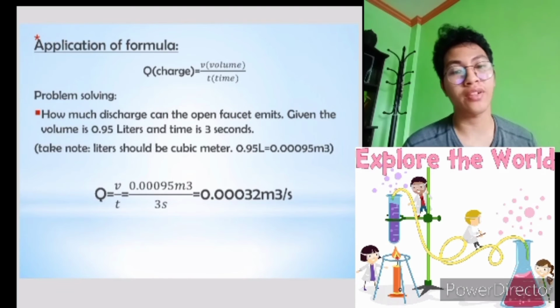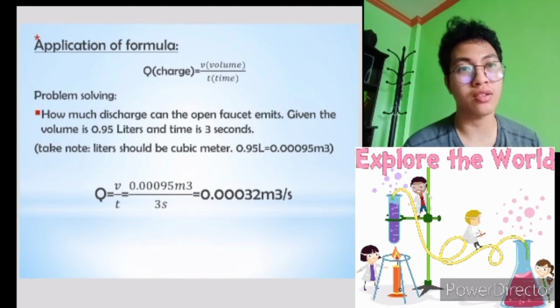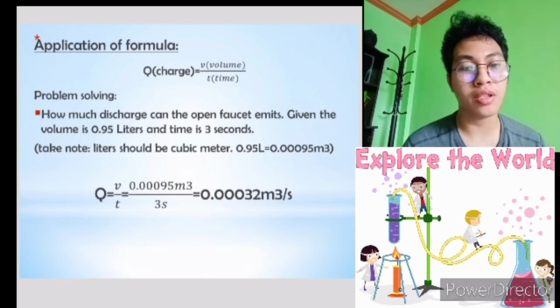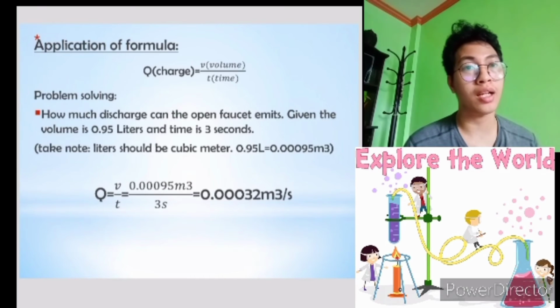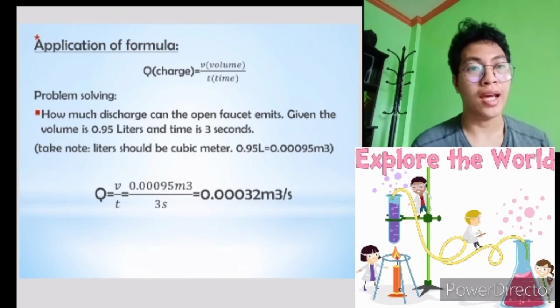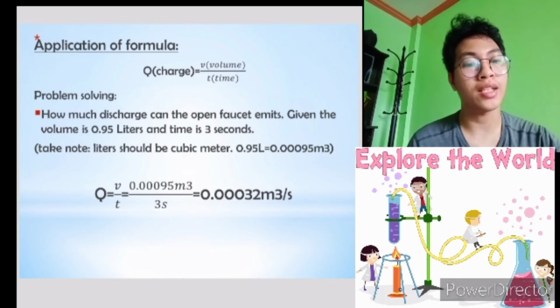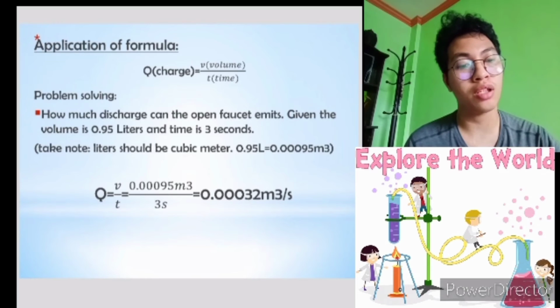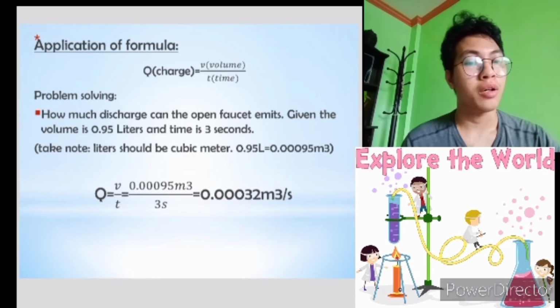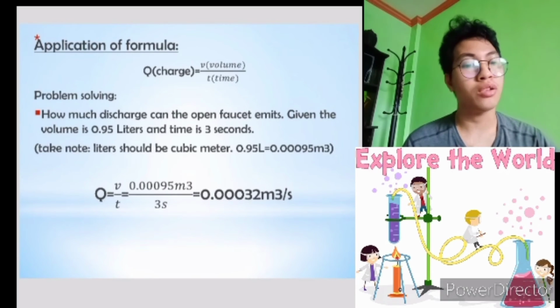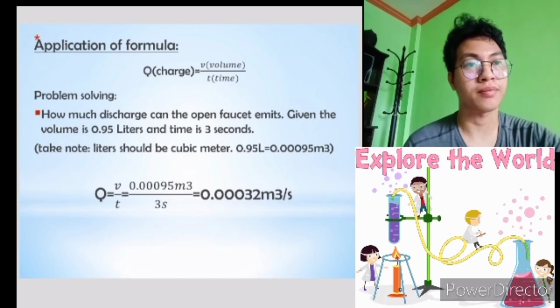So, ang given formula is Q equals volume divided by time, wherein the volume is 0.00095 cubic meter and the time is 3 seconds. I-divide natin ito, and after natin ma-divide, makukuha natin ang answer na 0.0032 cubic meter per second. Ito yung discharge ng computation ng number 1.